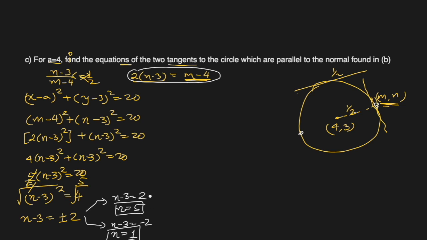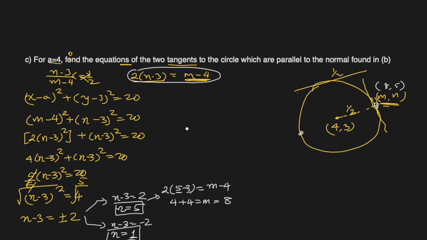So this gives us 2 times (n minus 3), n is 5 in this case. 5 minus 3 is equal to m minus 4. 5 minus 3 is 2, 2 times 2 is 4, and this 4 also comes here. 4 plus 4 equal to m, which is 8. So the coordinates become (8, 5).